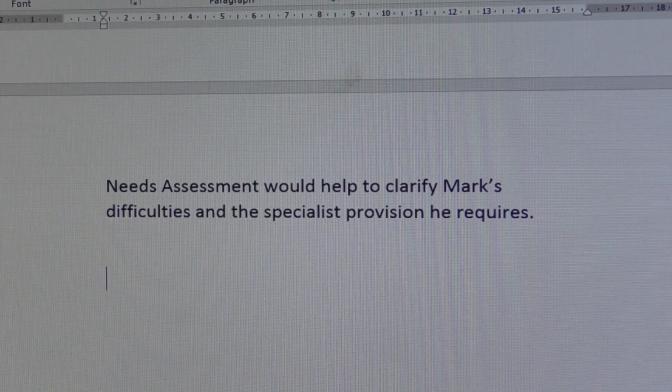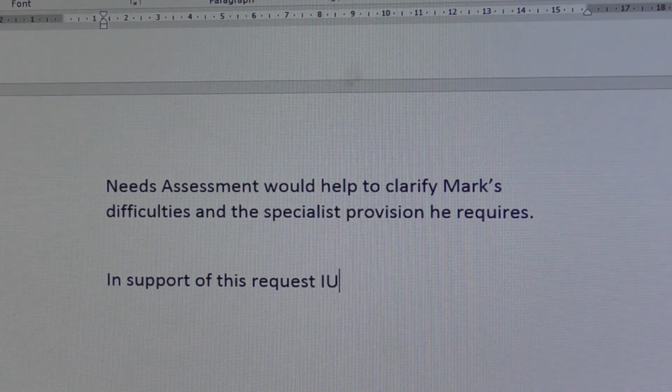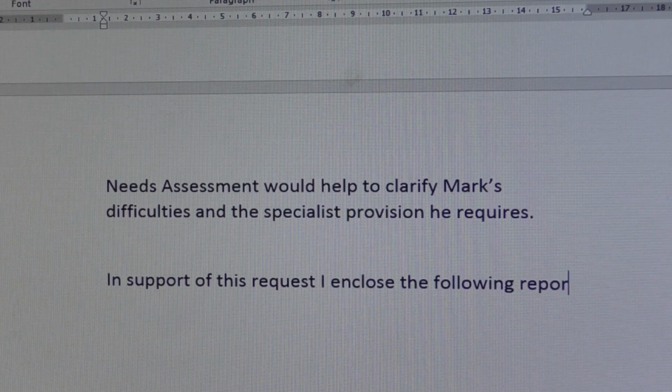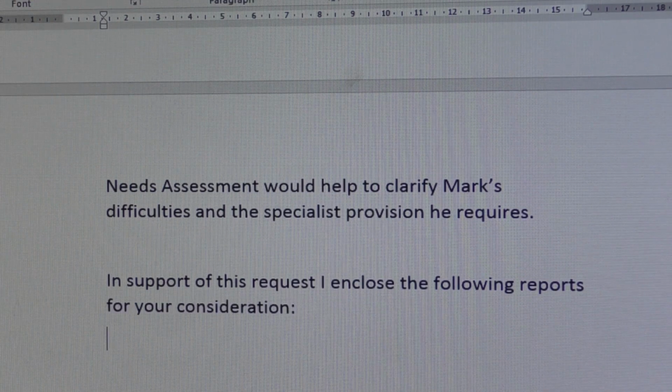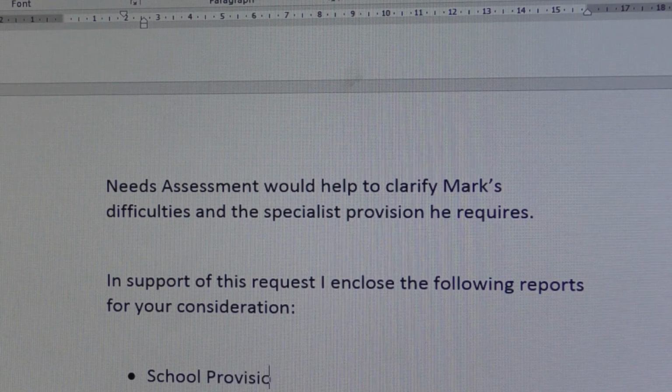So what we're going to do here is list all the available evidence that we've got. So we will say something like, we're going to put in the information from the school.